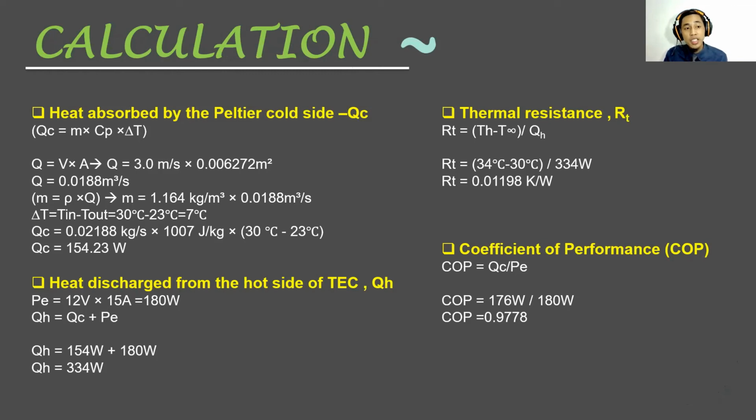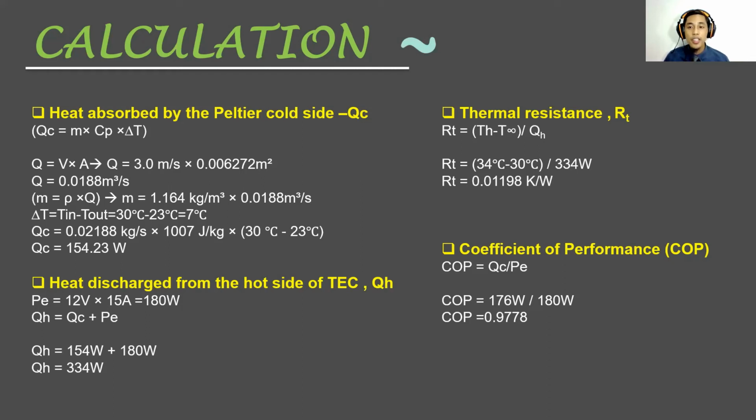From the anemometer, we get the velocity of air as 3.0 meters per second. From that, we can calculate QC by inserting into the formula. The result for QC is 154.23 watts.